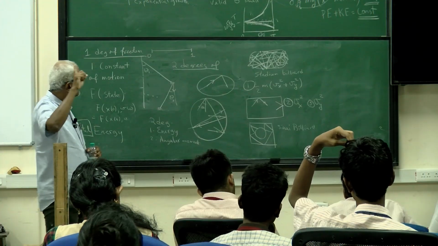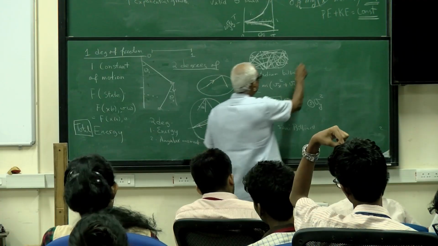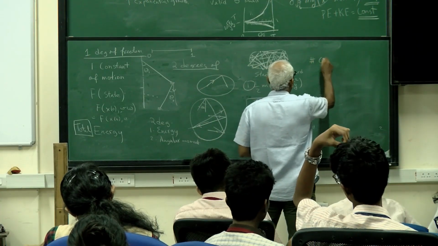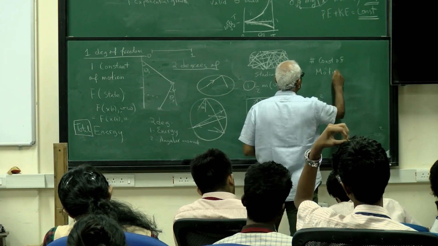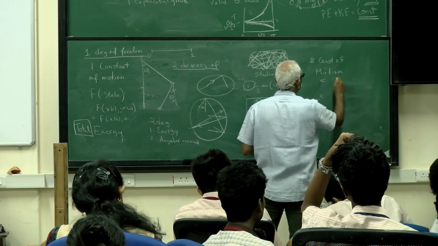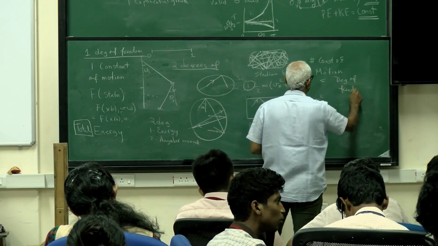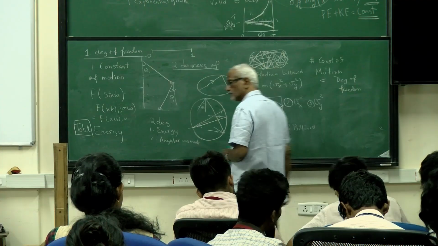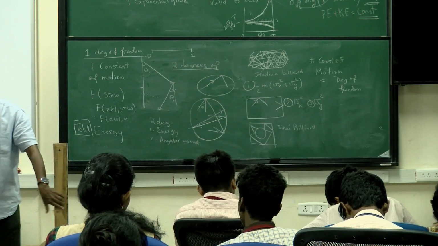So the condition for chaos is that the number of constants of motion should be less than the number of degrees of freedom. So this double pendulum, total energy is conserved.